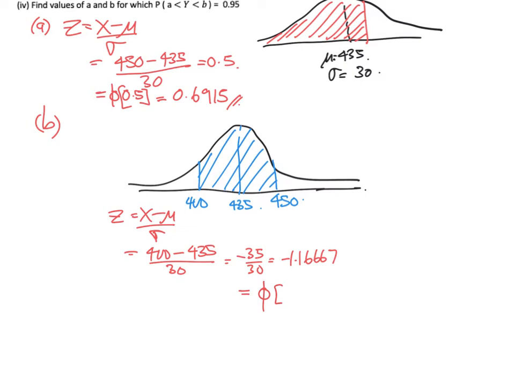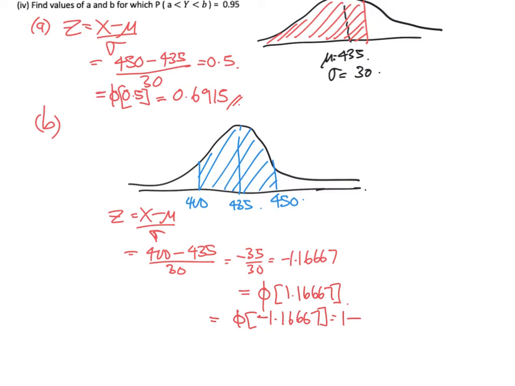So I can change it to positive 1.1667, and use 1 minus the value of phi of positive 1.1667.